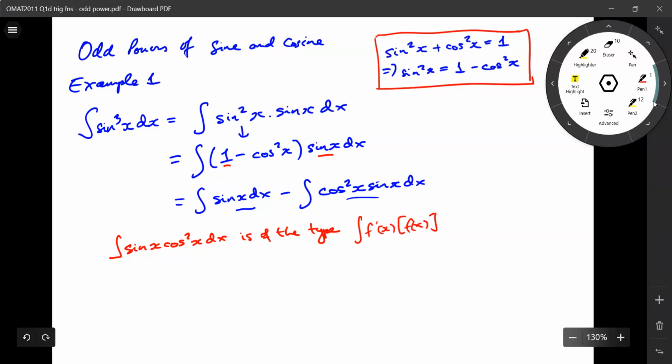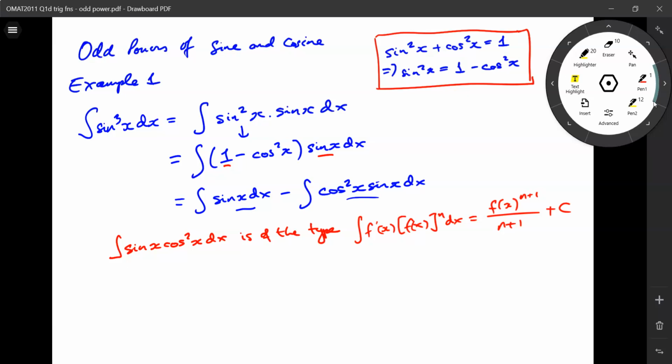If you remember doing these sort of questions early on in the term, that is equal to f of x to the power of n plus 1, divided by n plus 1, plus the constant of integration.